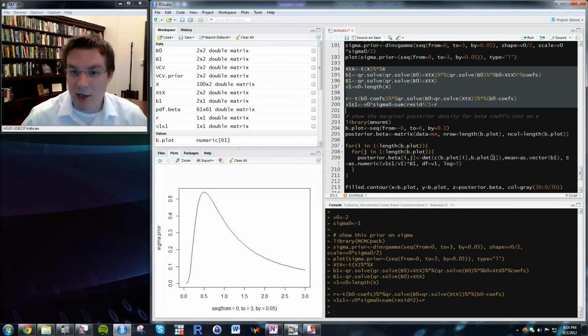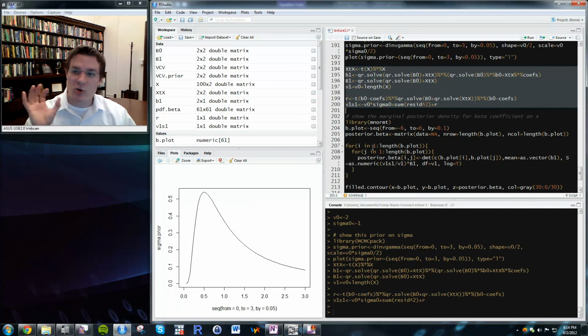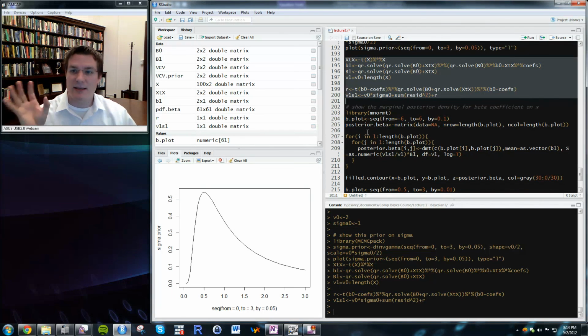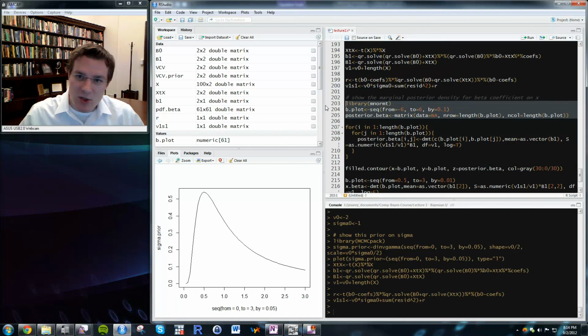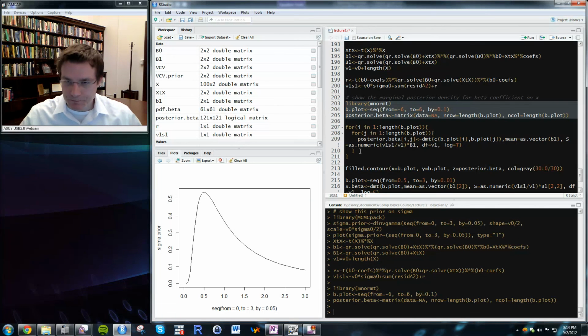So now I know that my marginal posterior density for a beta coefficient on x is going to be given by the multivariate t density with certain parameters as given in the Jackman book. So what I'm going to do here is call the mnormt library. I'm going to plot my posterior density from -6 to 6.